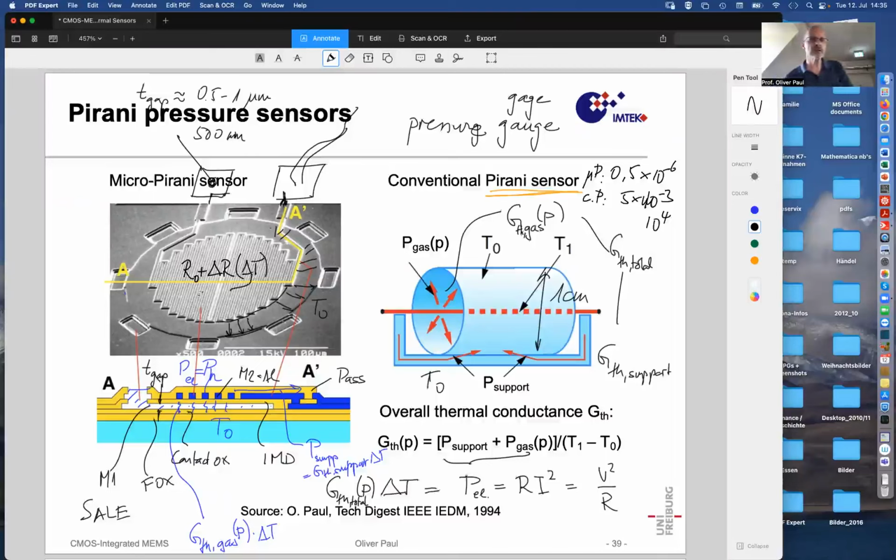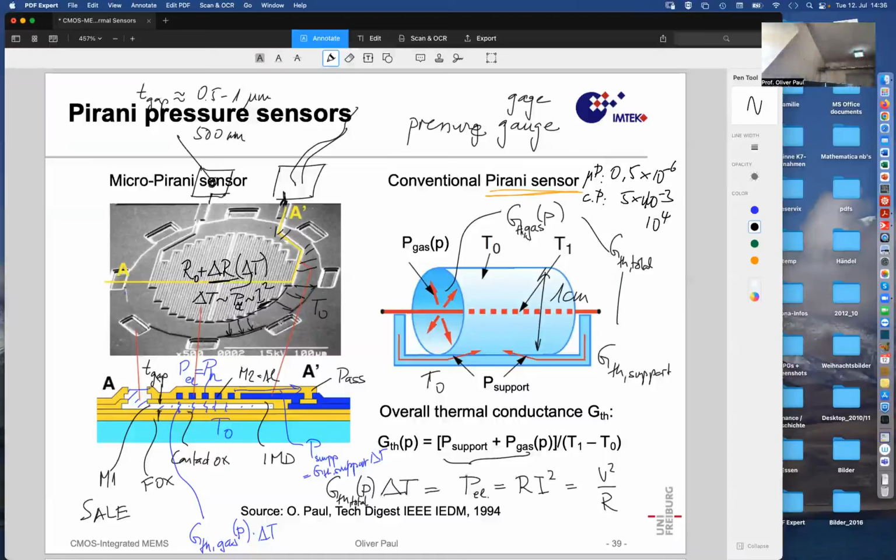But the delta T is proportional to the power that we dissipate, the electrical heat power, and that is proportional to I squared. So the resistance change delta R is proportional to I squared. If I send a current through in one direction or in the other direction, it produces the same effect.